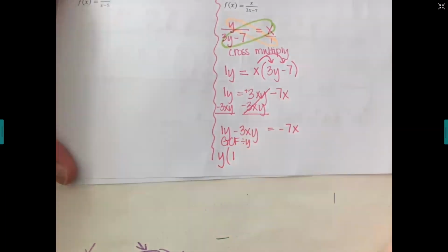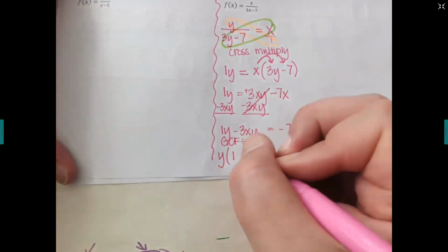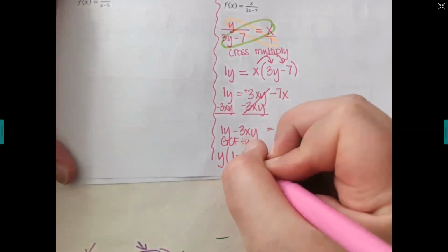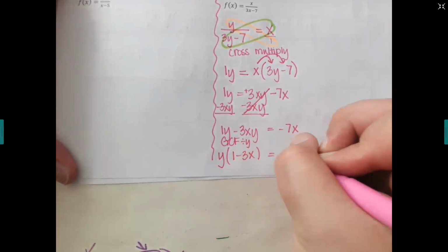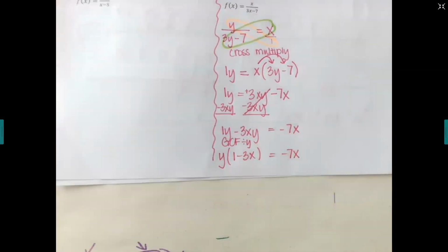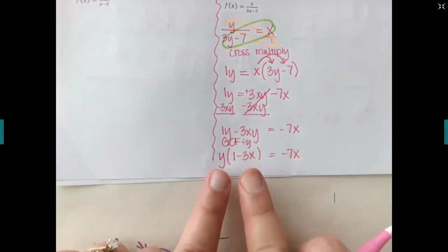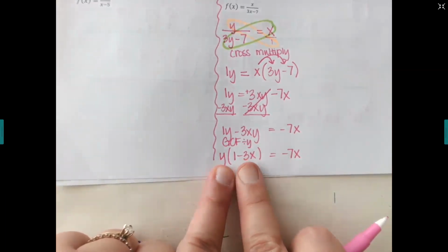And then what about from the minus 3xy? What's left? Just a 3x. Okay, and now do you see that your y and your other terms are separated? Now we can get y by itself. If these are multiplied, how do I get rid of this?